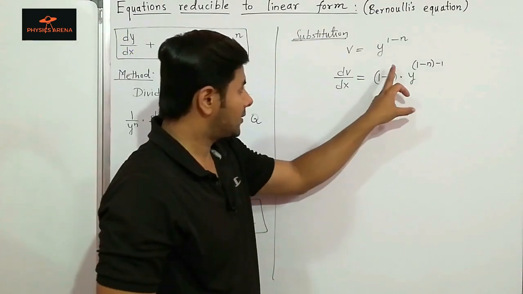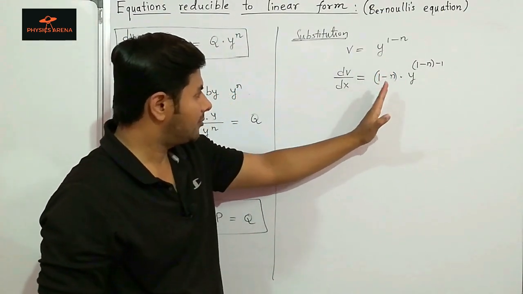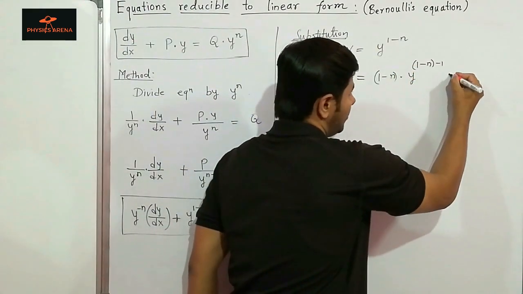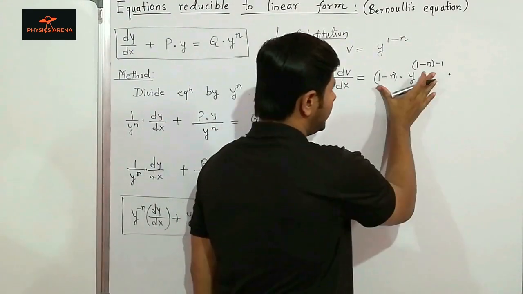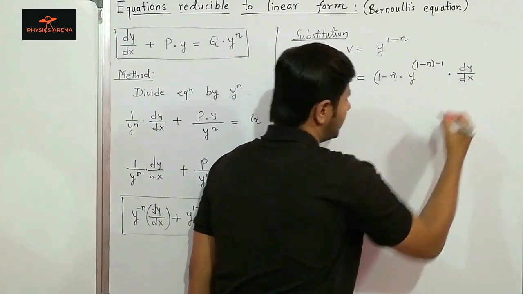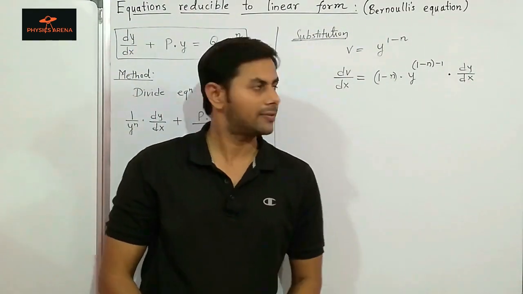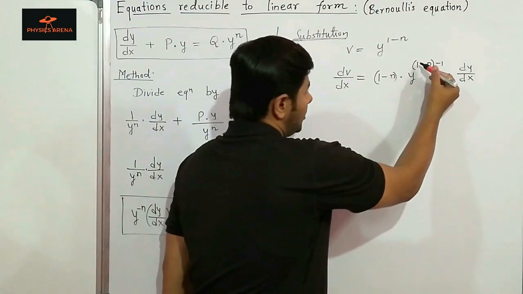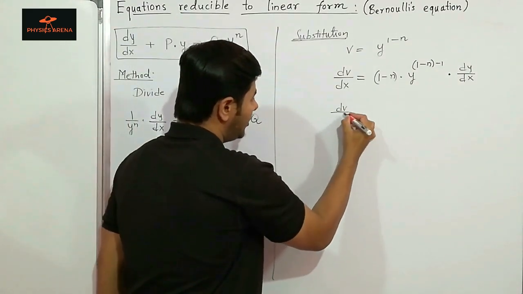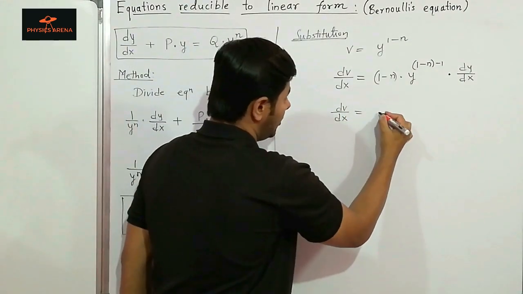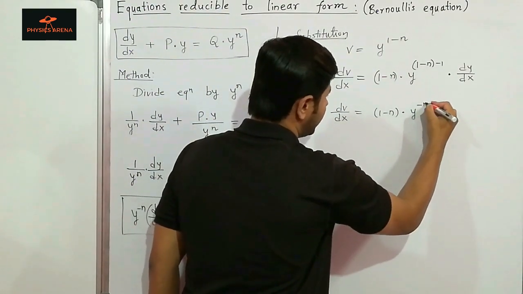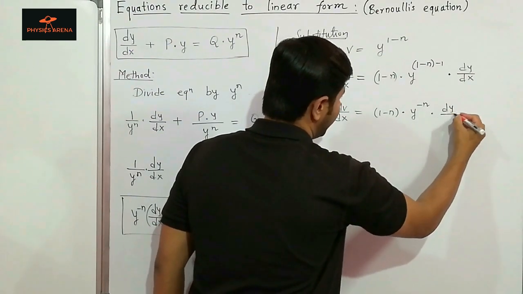Okay, so this is considering that derivative with respect to y, because this is function of y, and chain rule says that we have to multiply this derivative with respect to y by dy by dx. So this is derivative of y with respect to x. Okay, so this 1 and minus 1, they get cancelled out, and we have dv by dx equals to 1 minus n multiplied by y raised to minus n times dy by dx.